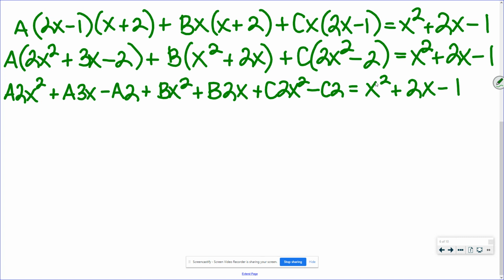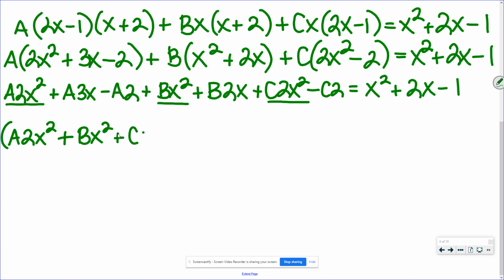Okay, so the next step is to take all of your like terms and put them in little groups, meaning this is an x squared term, here's an x squared term, here's an x squared term. So I'm going to write that with all three of them together in a group. And I'm going to continue to do that for all of my like terms.